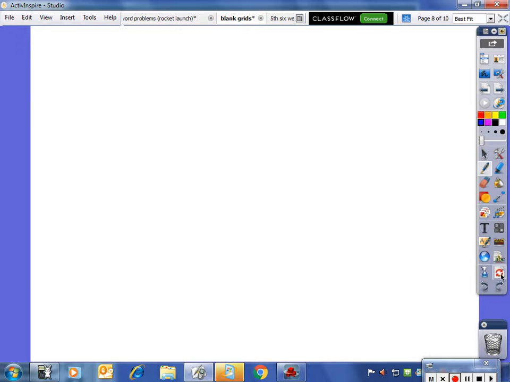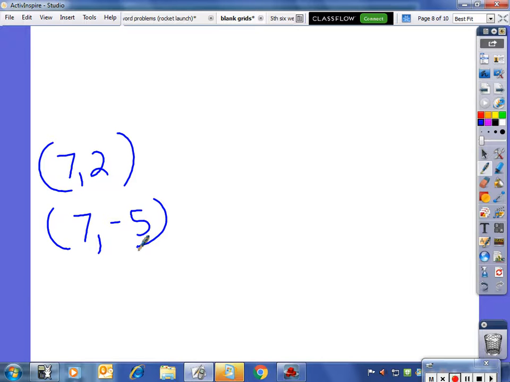All right, try this one, please. 7, 2, and 7, negative 5. You will have some like this as well. Your job is to mathematically find the slope and then describe the line to me.